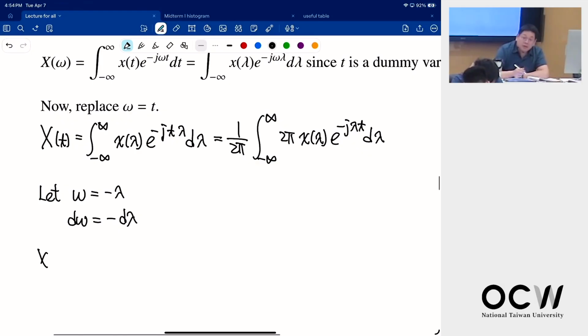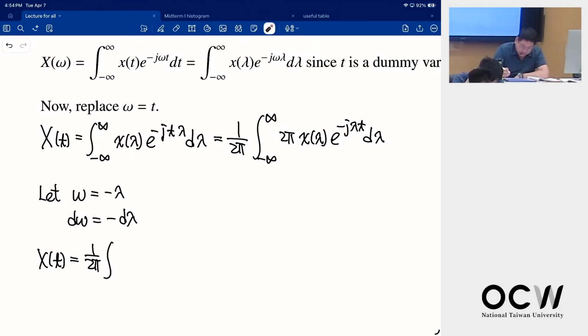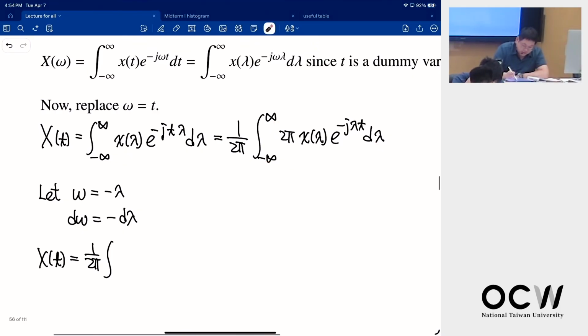Then x will be 1 over 2 pi. Lambda is from minus infinity to infinity, so omega is from infinity to minus infinity.